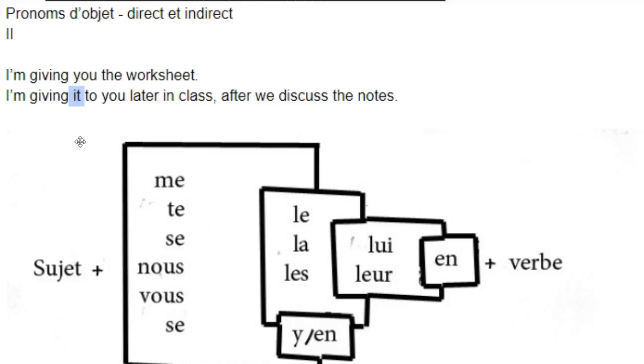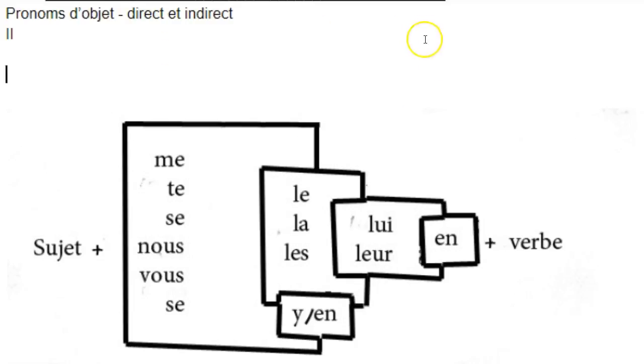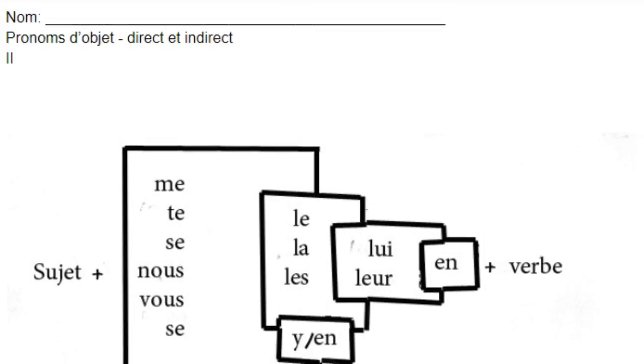Well, what does it stand for? It refers to the worksheet. It is the object pronoun in this case, the word that replaces the object from the original sentence. That's all we're talking about here when we deal with object pronouns, both direct and indirect.